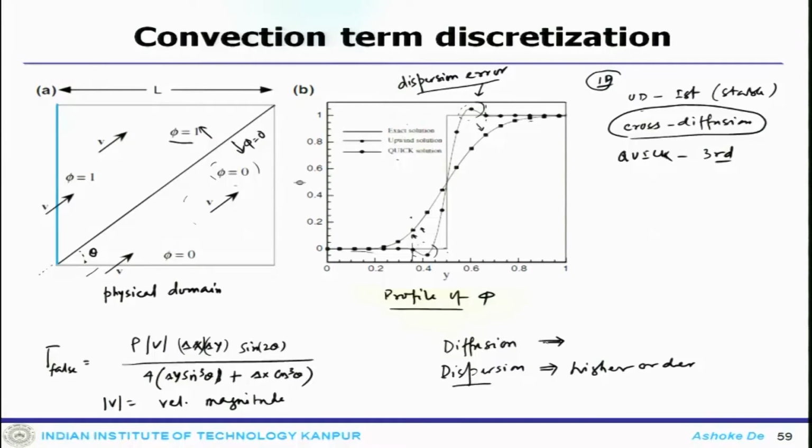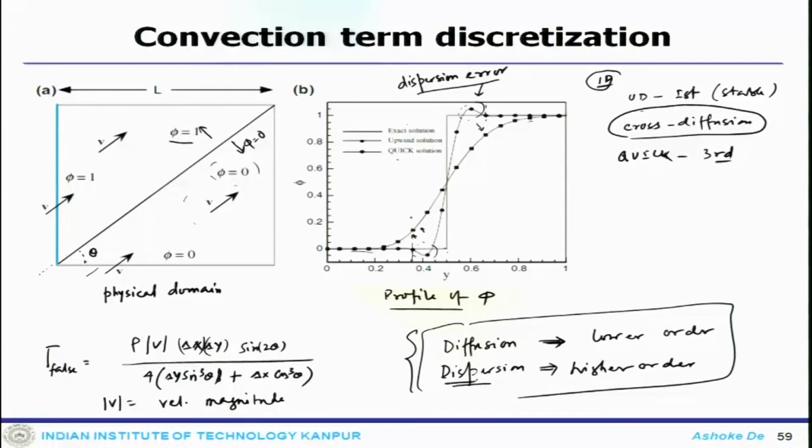Lower order scheme increases the diffusion or rather reduces the dispersion, but it becomes highly diffusive in nature. So, this is always a problem, that one has to make some trade off between schemes. This is related to stability, this is related to accuracy.